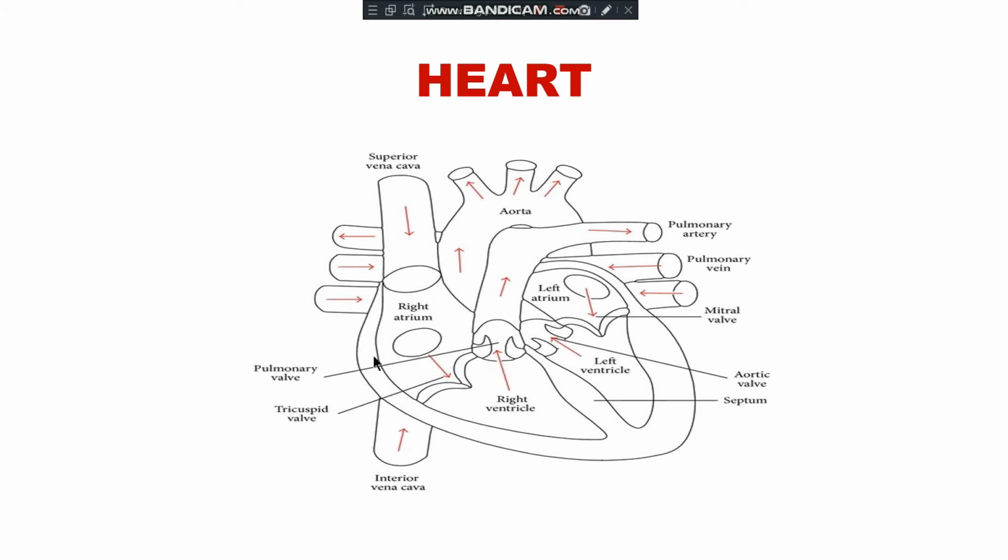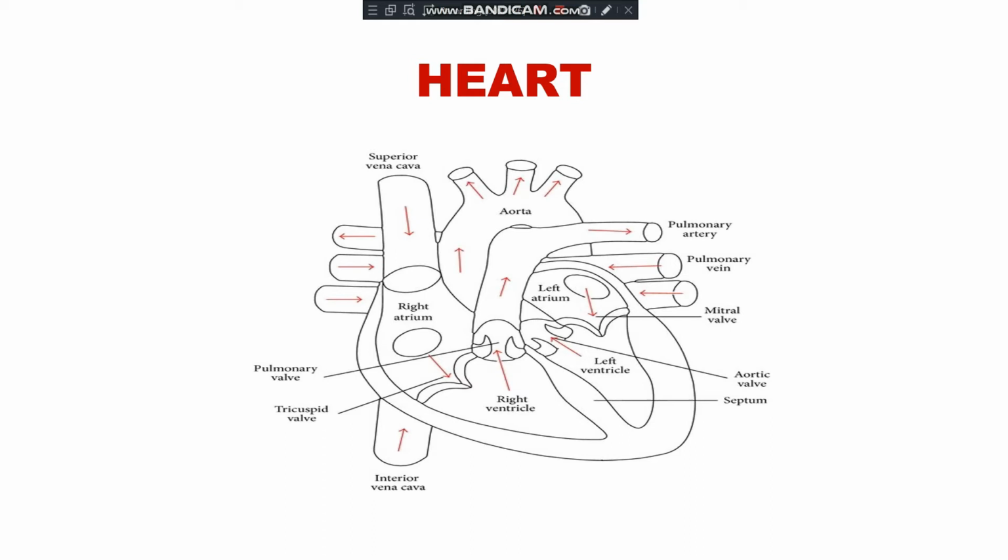Now, how does the blood come? The first thing you can see here is the vena cava. Vena cava is the largest vein. This vena cava is further divided into veins, and lastly into capillaries, which reach each and every cell.